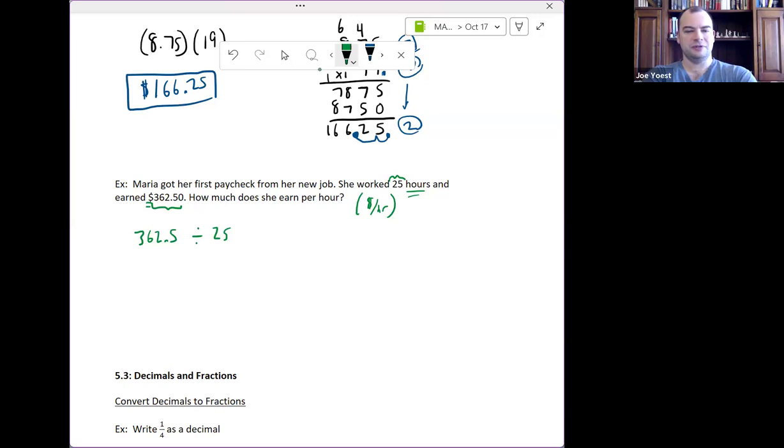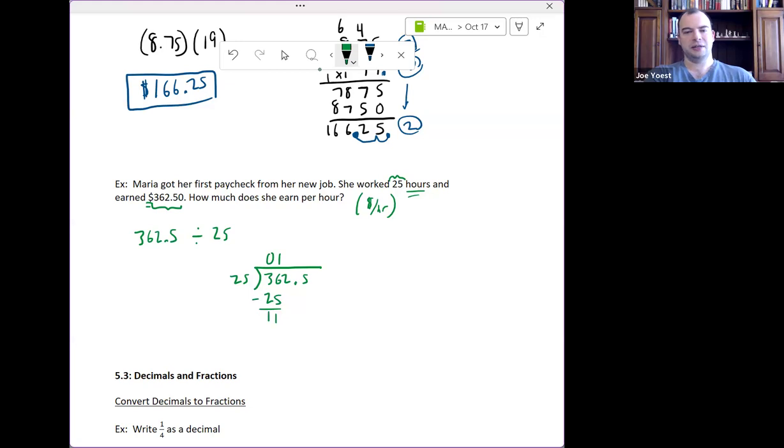Here I have a decimal divided by a whole number. I don't have to fix any decimal places. I can just jump right into my long division. 362.5 divided by 25. Does 25 go into 3? No, or it goes in 0 times. Does 25 go into 36? Yes, it goes in 1 time. 1 times 25 is 25.